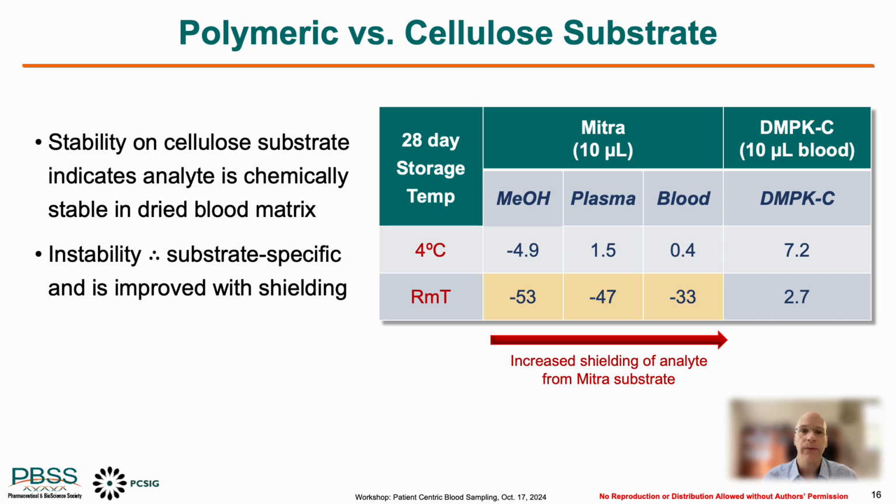And here we observe a decreased response loss with an increase in substrate shielding by the increase in matrix components as we go from methanol to plasma to blood. I'd like to just point out that this work was conducted prior to Capitainer B product availability, but most certainly these results were an impetus for screening cellulose substrates early on in the method development process.